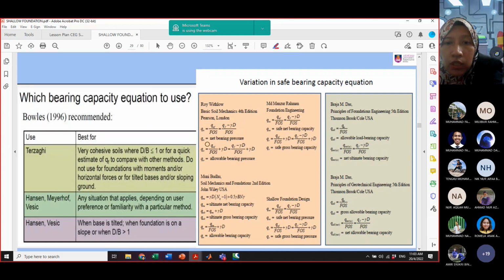Okay, untuk safe bearing capacity ataupun allowable bearing capacity dia ada beberapa formula yang you boleh tengok contoh kat sini.